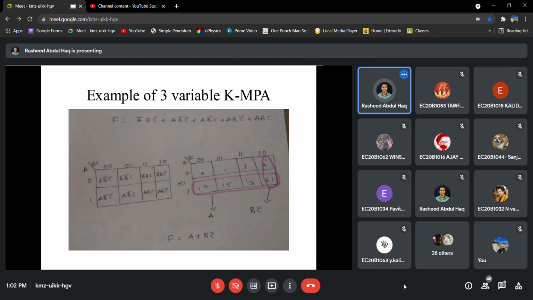But in the third row, where we are getting a 1, when somebody gives that passcode, the door won't open. To include that case: if anyone enters the password 100, the door must open. If anyone enters 101, the door must open. 110 also, and 111 also. So those 4 cases are satisfied by just writing F equal to A.